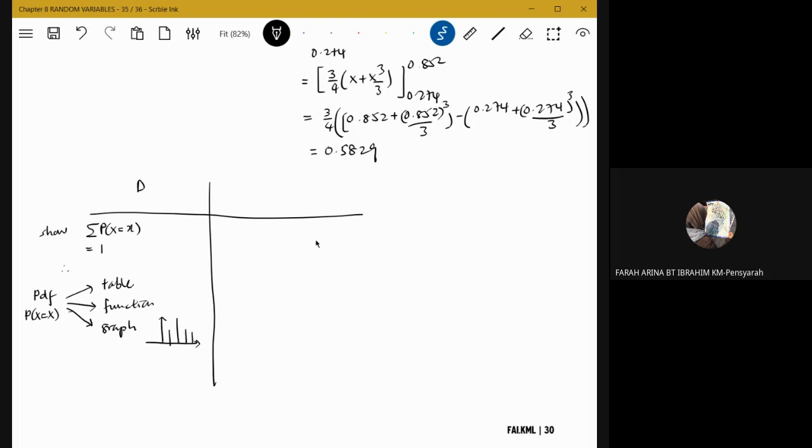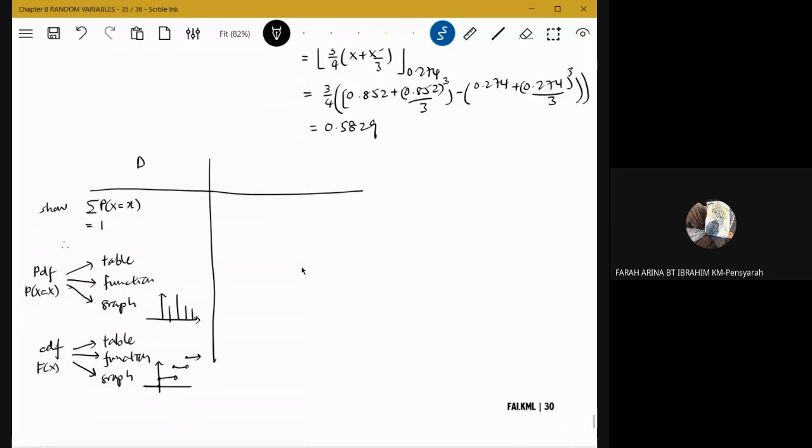Okay, untuk CDF pula, kita boleh bagi dalam table, kita boleh bagi dalam function, kita boleh bagi dalam graph. So graph untuk discrete adalah seperti tangga. Seperti ini. Okay, so ini adalah capital Fx.